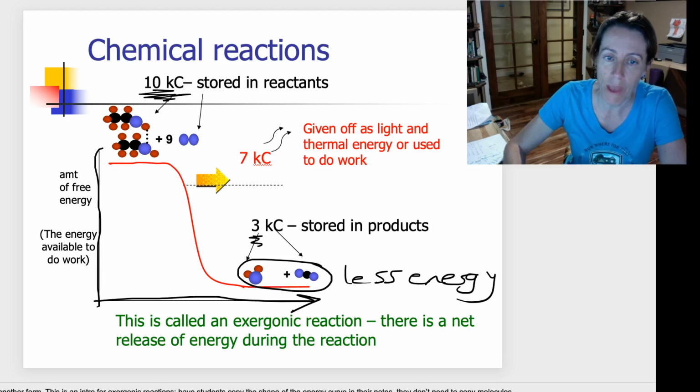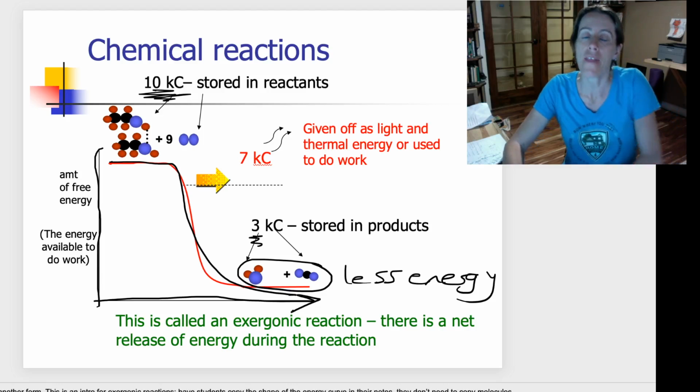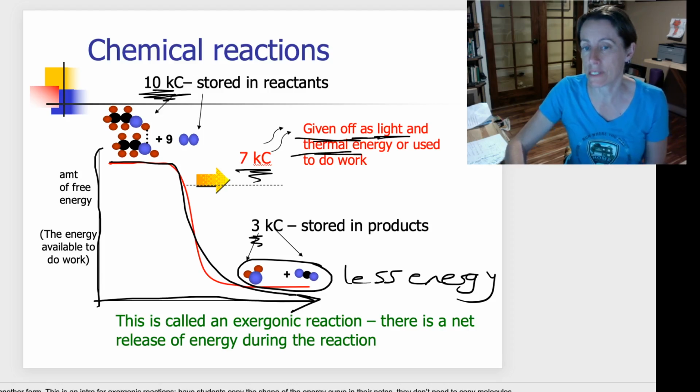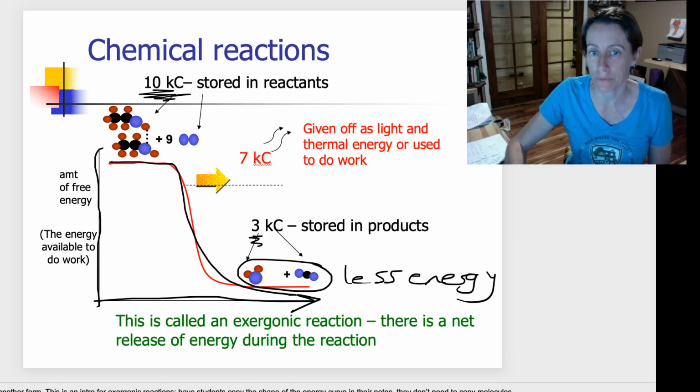And that's why we have a downhill slope. We start off with high energy, we end up with low energy. And then the 7 kilocalories that supposedly has gone away to get us from 10 down to 3, that's what's given off or released as light or heat or even sound, and can be harnessed for other things potentially.